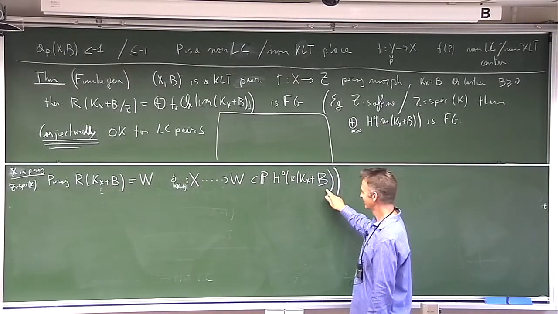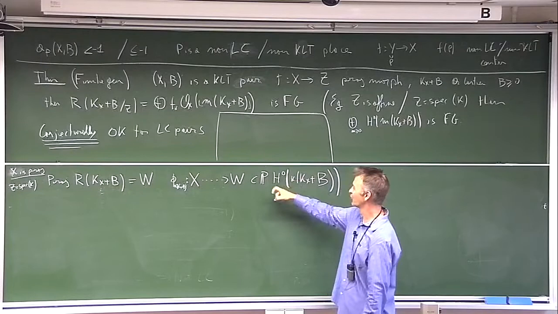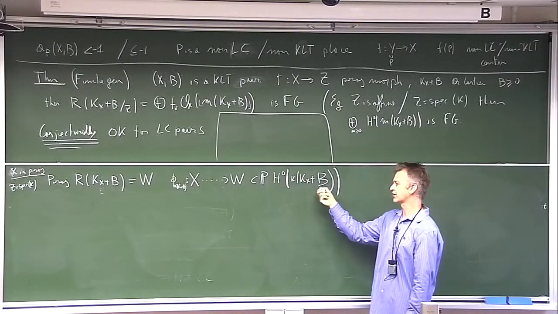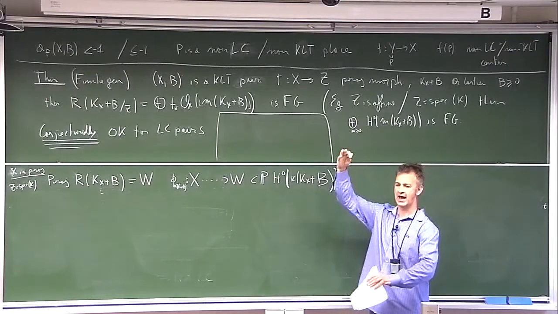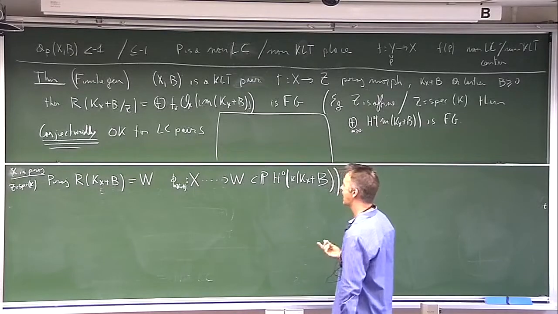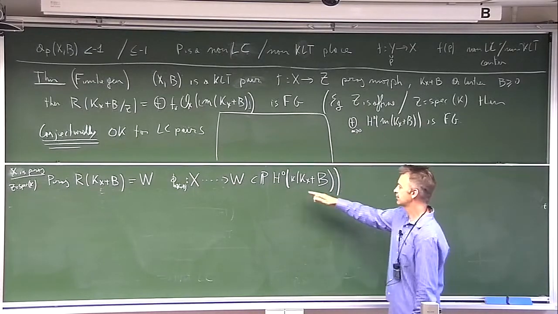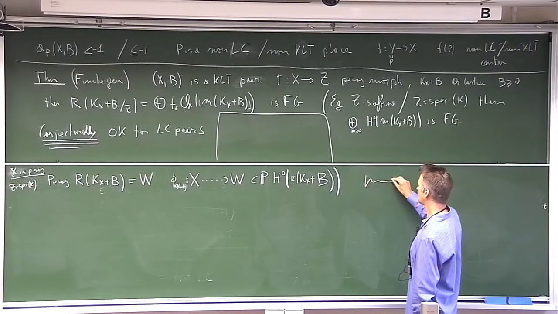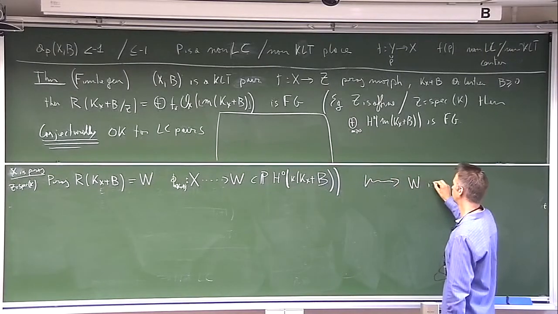It's defined by sections of one of the graded pieces of this ring where the graded piece is sufficiently big. That's the whole point of being finitely generated. And since it's finitely generated, it could be defined by any successive multiple. And using that fact, you can deduce fairly quickly that W is normal.